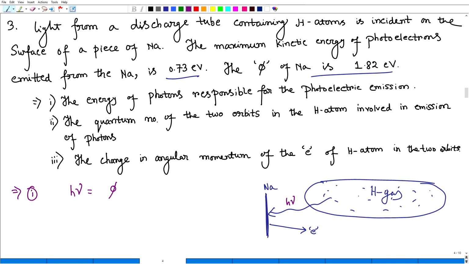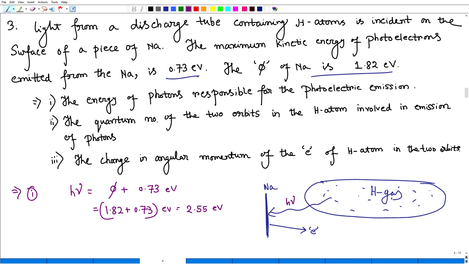Okay. So, that maximum kinetic energy is also given, which is 0.73 electron volt. So, phi is also given, it is 1.82 electron volt plus 0.73 electron volt. So, it is eventually 2.55 electron volt. So, it should be the energy of the photon that is colliding with the sodium metal, and after collision electron is coming out.